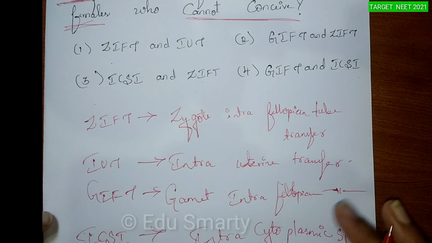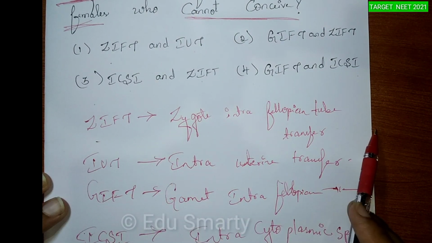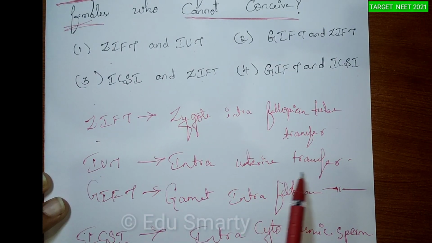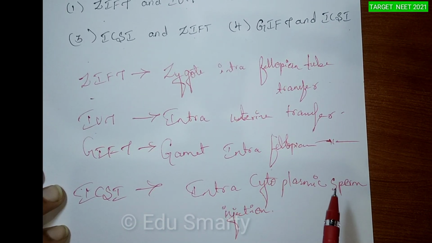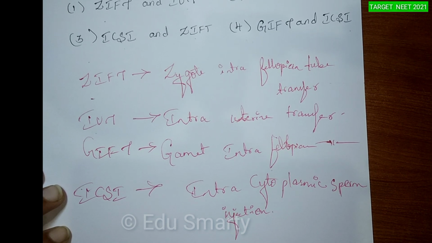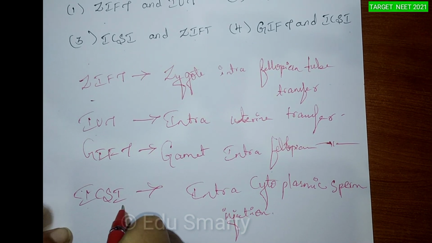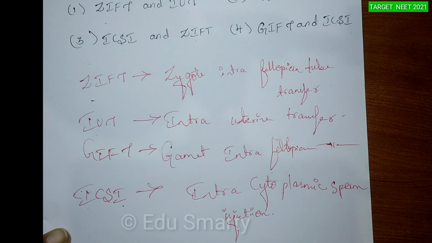So they have given the 4: ZIFT, zygote intrafallopian transfer; intrauterine transfer; gamete intrafallopian transfer; and intracytoplasmic sperm injection. Here ICSI, intracytoplasmic sperm injection, is a technique used for treating the infertile male.